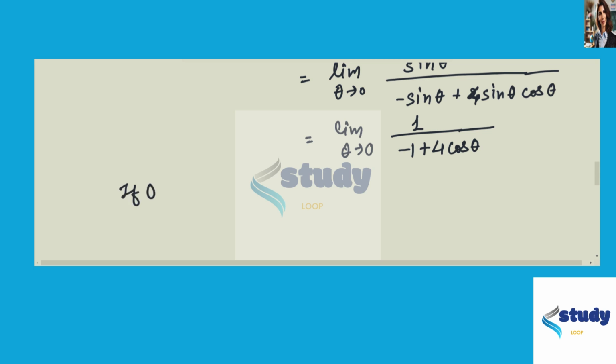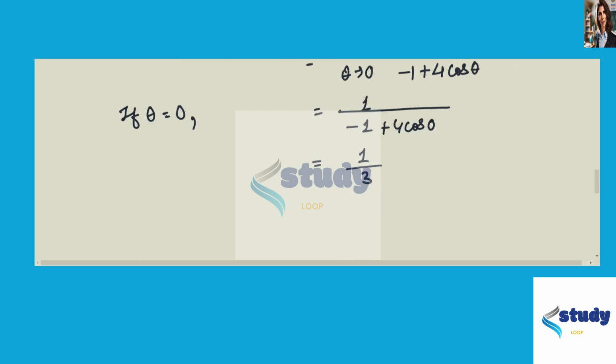So if theta equals to 0, then it becomes 1 by minus 1 plus 4 cos 0. This will be 1 by 3 as an answer.